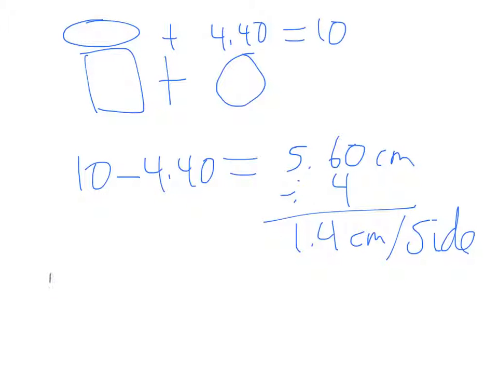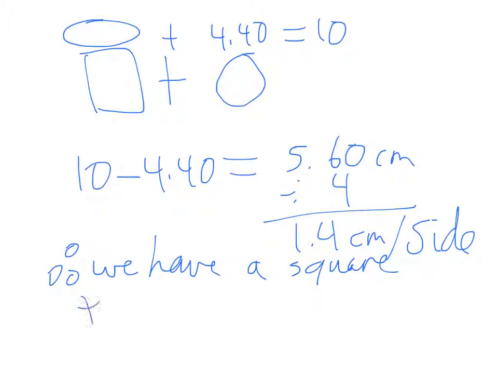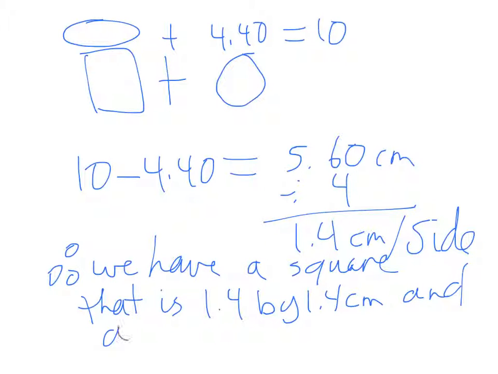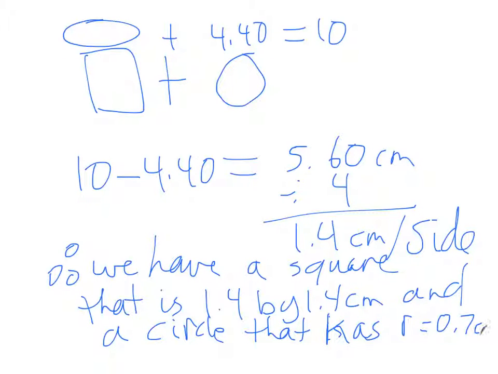Okay, so therefore we have a square that is 1.4 by 1.4 centimeters, and we have a circle of radius, or has radius, r equals 0.7 centimeters.